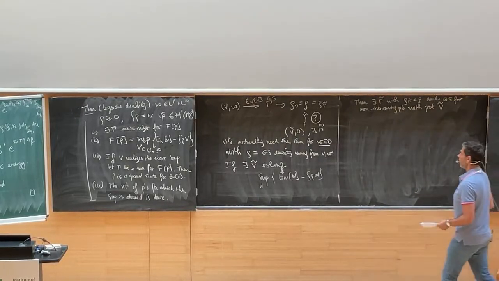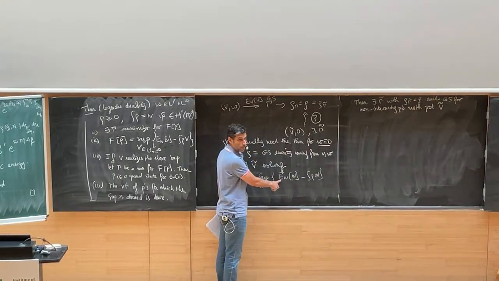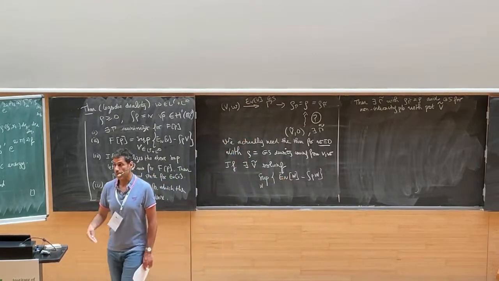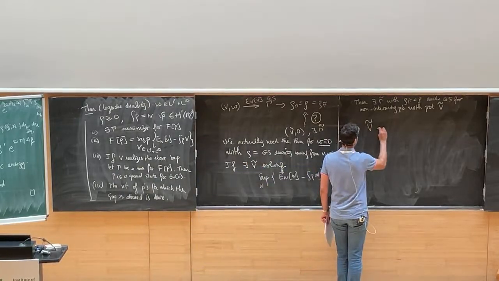Okay, so maybe I rewrite again the same thing. Let me remind you that it's the non-interacting problem. So for fermions, we know what it is. It's just the sum of the n first eigenvalues. So if you like, maybe I write it here. So V theta, what is it?